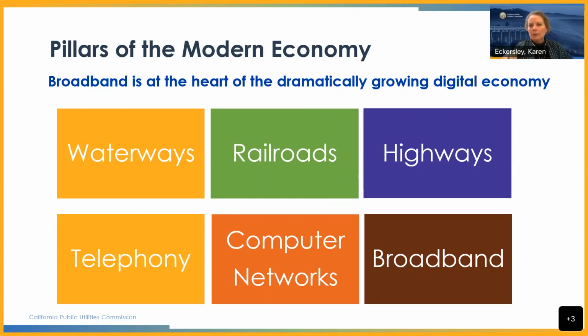With the copper wire telephone network, we chose a model of universal service, just like we have for electricity. And that brought telephones and voice service to even the most remote parts of the country. The overall benefits for the United States have been enormous.